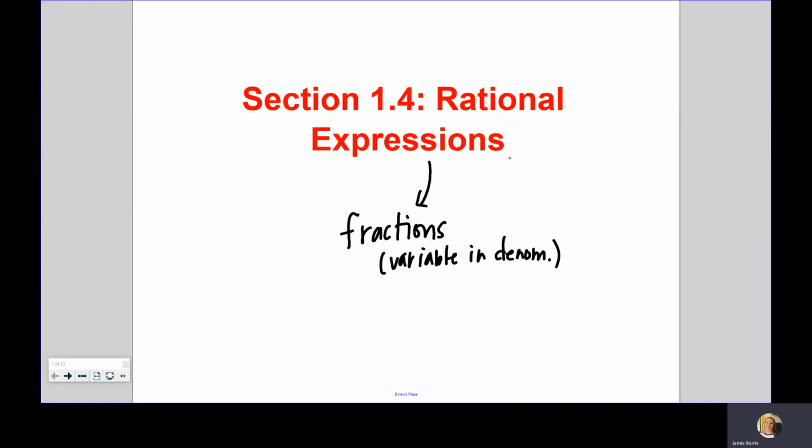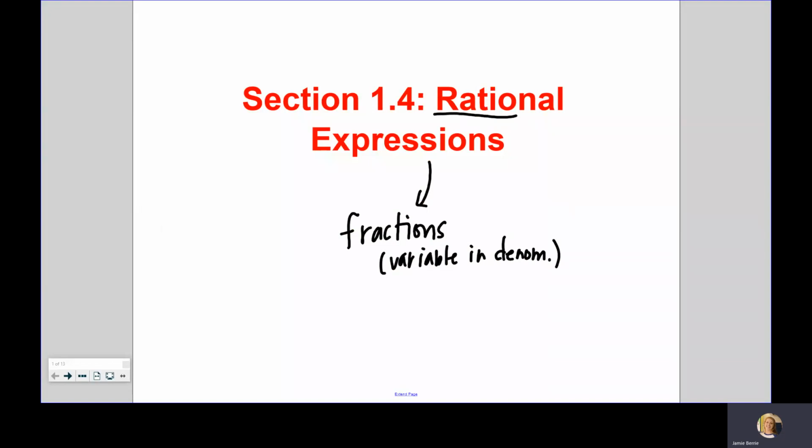All right, so the way to remember this is it has this root word here, ratio. So a ratio means a fraction, so maybe that'll help you remember that rational expressions are fractions. And you may remember back from when you learned about the different types of numbers that rational numbers are fractions. So rational numbers are numbers that can be written as fractions.